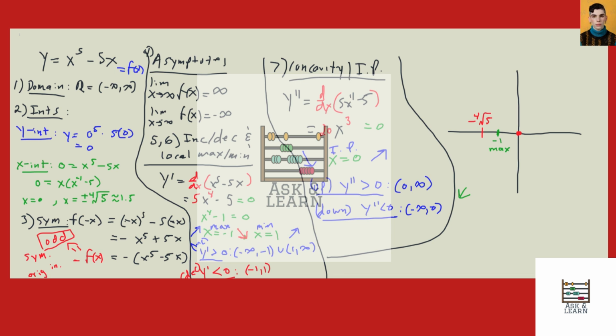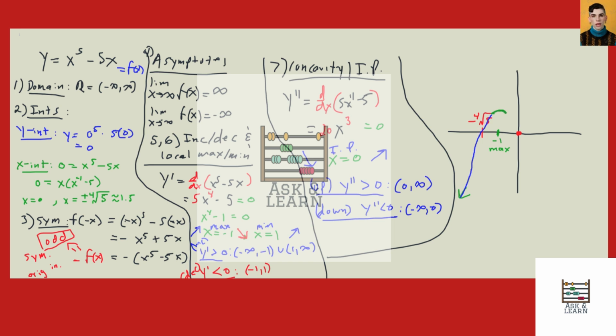Now let's just go ahead and start graphing. So our first point of importance is going to be our 0 here at negative fourth root of 5. And then after that, we know we're going to have a maximum around here somewhere. So let me actually do that in a different color. So we're going to have a maximum maybe around here.